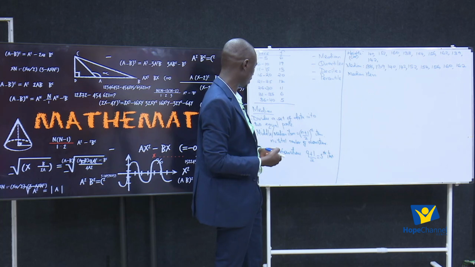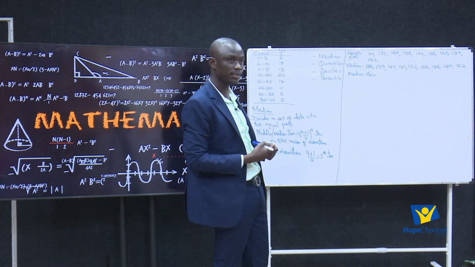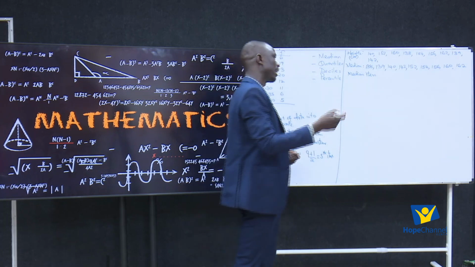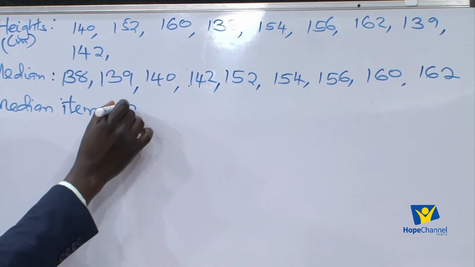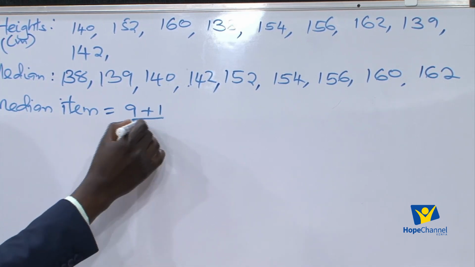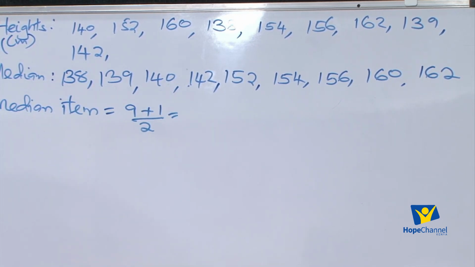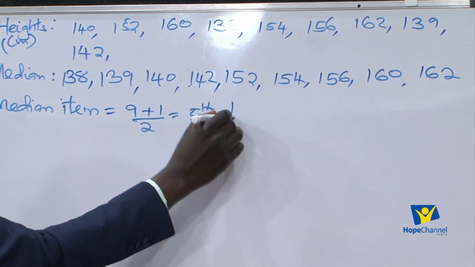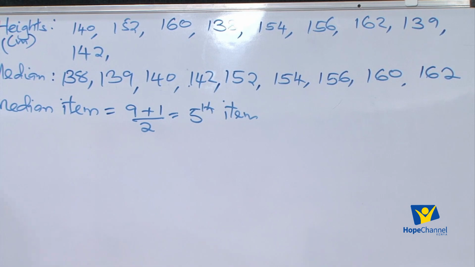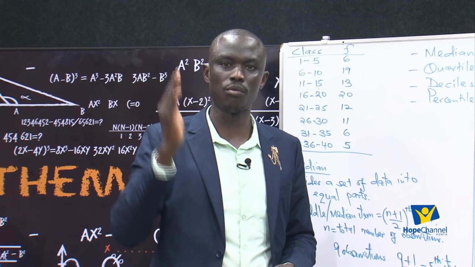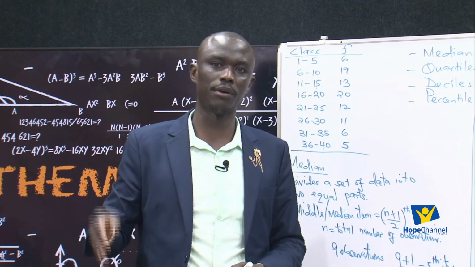But now let's see how this formula works: n plus 1 divided by 2. So n is 9. We add 1, then divide by 2. So that is the 5th item. Our work will be very simple. You just count the observations, 1, 2, 3, 4, 5.